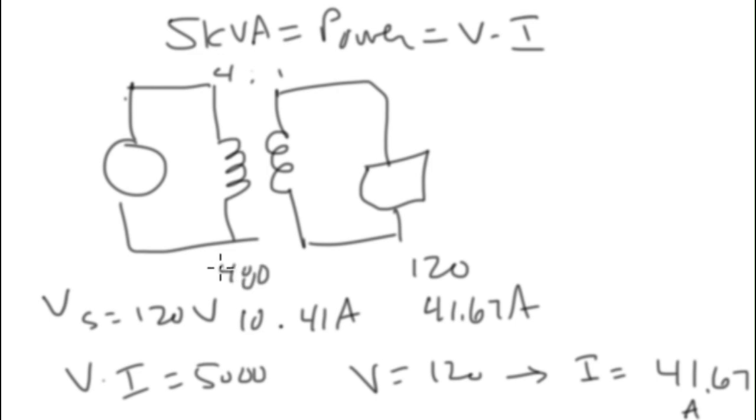So look, 480 primary, 10.41 current. Secondary, 120, 41.67. So primary voltage times primary current has to equal secondary voltage times secondary current. Okay, so that's problem number 7.2.